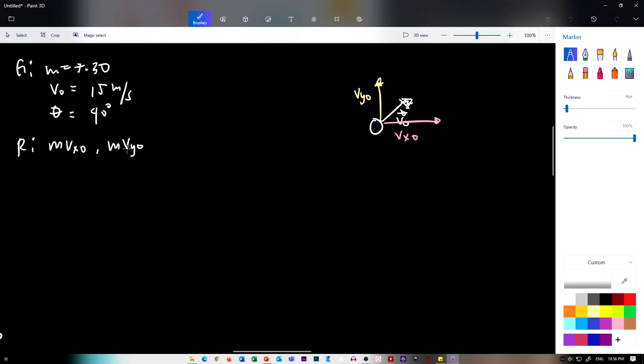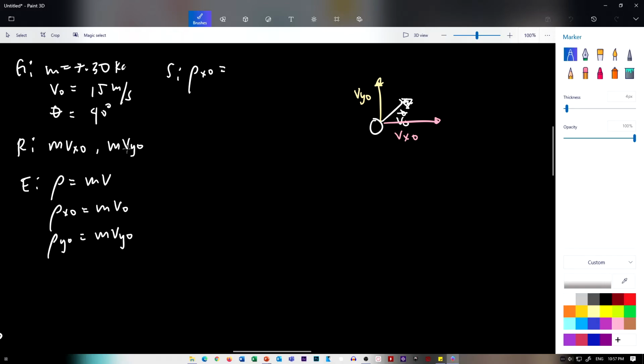So for our equation, of course, generally we have rho is equal to mv. So for m v sub x sub 0, that's basically that, no? So let's rename this rho x sub 0, which would be m v sub 0 cosine, and then rho y sub 0 would be m v sub y 0. Okay, so for the solution, you can just write it independently. So rho x sub 0 would be, what's our mass?